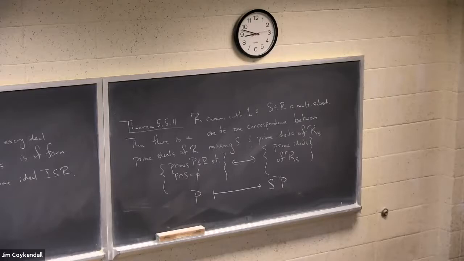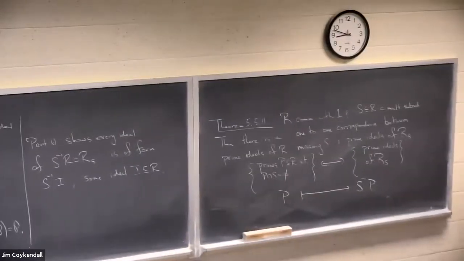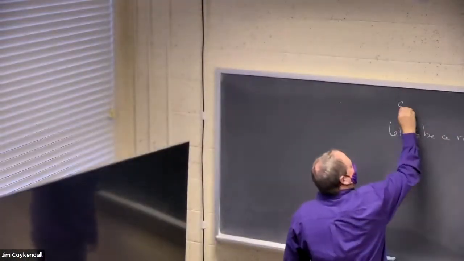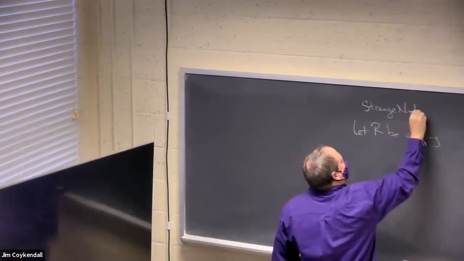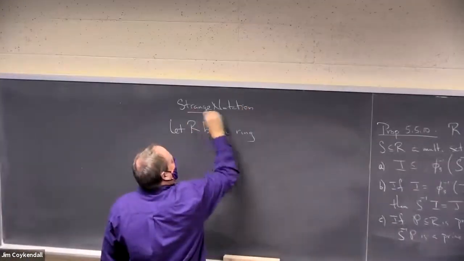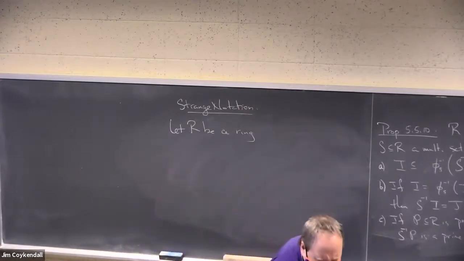So I'm going to leave you with one last result for the day. First, I need to give you a notational definition, which is, it's unfortunate, I'm sorry, but I'm going to call it strange notation. And it's industry standard. Let R be a ring and let P be a prime ideal.